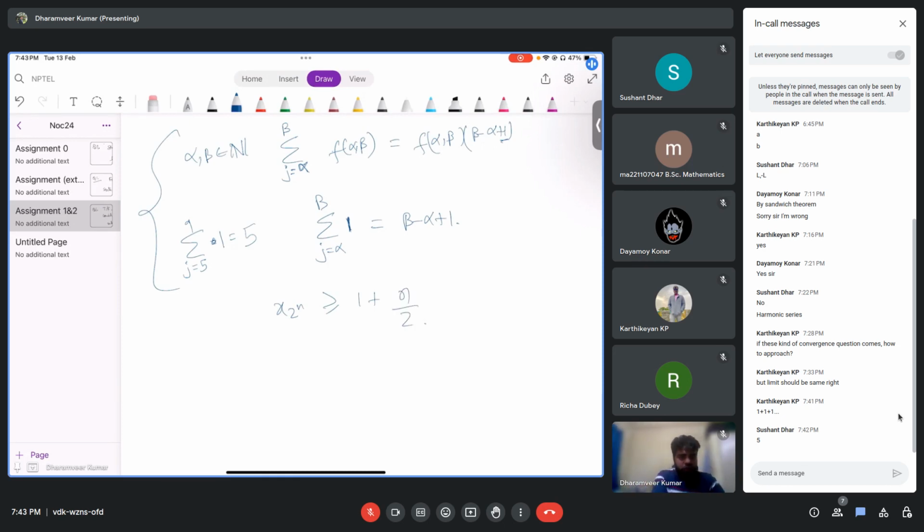This is unbounded, so if it were convergent, that would imply xn is non-convergent. Okay. Is this clear?